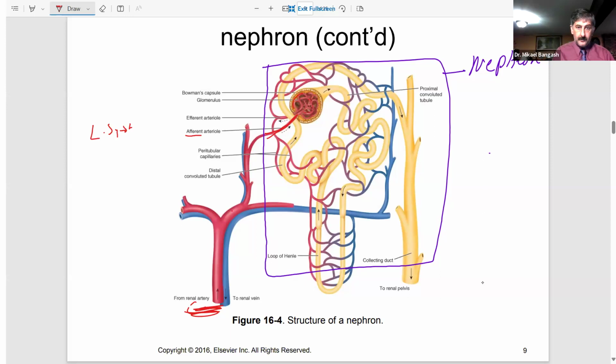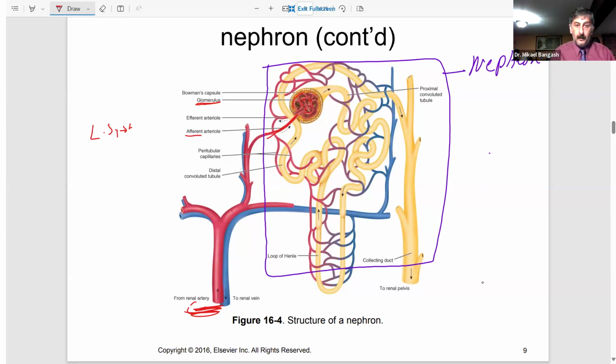This is your first capillary bed, called the glomerulus. This is going to be the first point at which the blood is filtered off from its waste products. Clear?